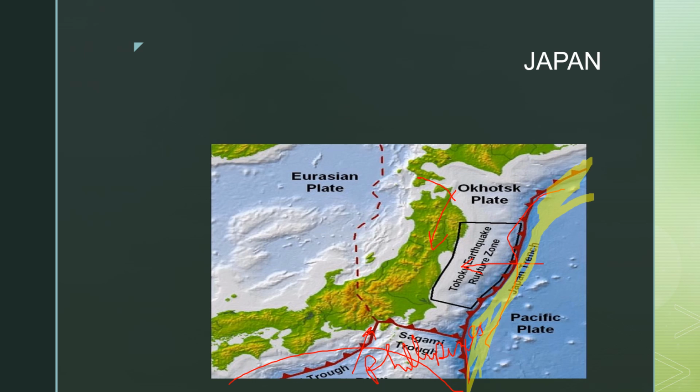Not very high regions like mountains, but much higher than the normal sea level. So this got erupted, and just parallel to it we have the trench. This is how Japan formed by the convergent plate boundary.